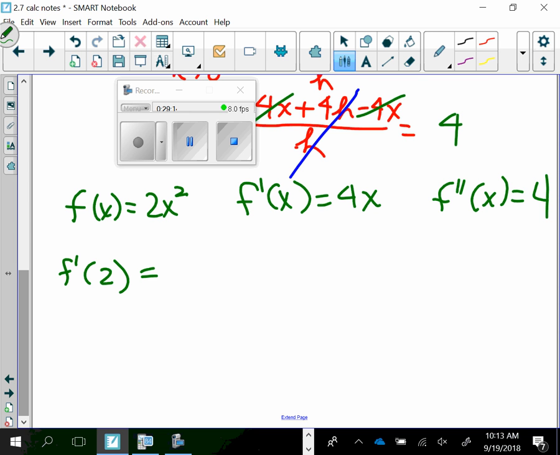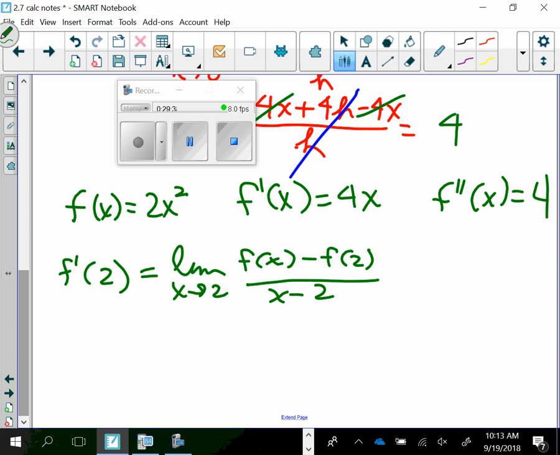Please don't say it out loud because then that takes the thoughts out of somebody else's head. Please tell me you're not going to start over with the limit as x approaches 2 of f of x minus f of 2 over x minus 2. You could, but that's just not efficient.